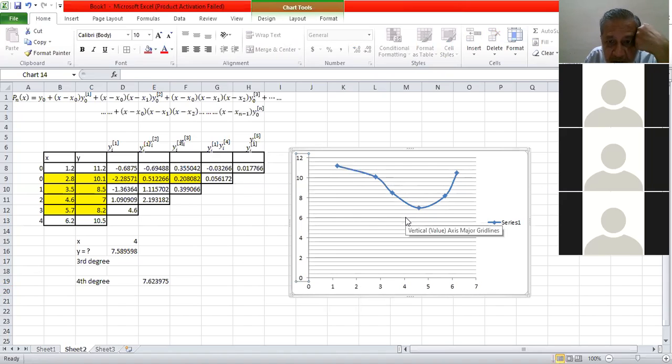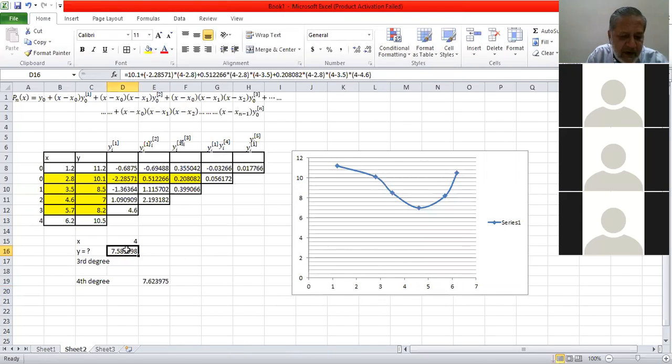So 6, 6.4, 6.8, and 7.2, 7.6 से थोड़ा नीचे वैल्यू है, और हमारा रिजल्ट जो है 7.6 से थोड़ा नीचे आया इस प्रॉब्लम के लिए. So this is the best result.